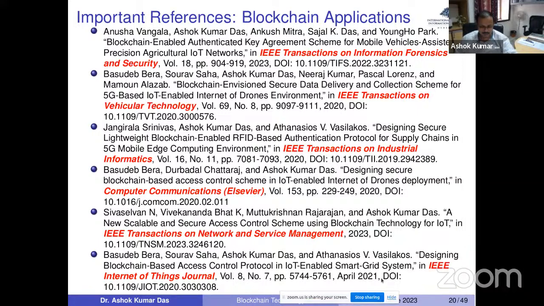These are some of the things, and apart from that, we have several other works. If you are interested, you can have a look. For any queries, please feel free to contact me at my email address listed here. After this talk, I will also share the slides with the madam, so she can share the slides with you also.